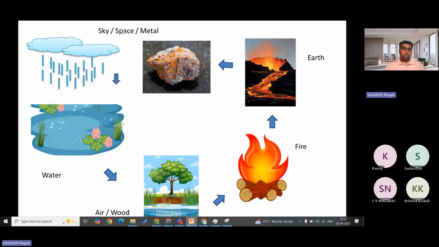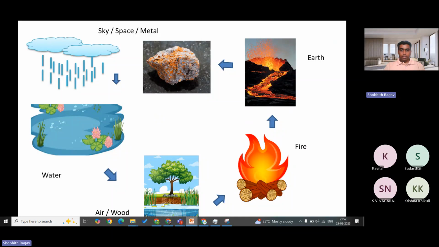From the sky, you have rainfall. Rainfall fills the land with water, either pond or river or whatever. That means the sky or space element created the water element. So now you have water in the pond or the water body, right?